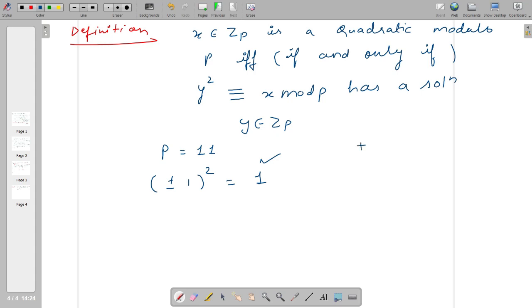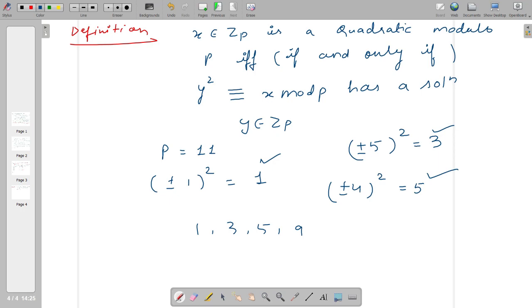Now for 5, plus minus 5 whole square is equal to 3 under the mod p operation, so this is also a quadratic residue mod p. Plus minus 4 whole square, calculated mod 11, is equal to 5, so 5 is also a quadratic residue mod p. So 1, 3, 5, 9 are quadratic residues mod p.